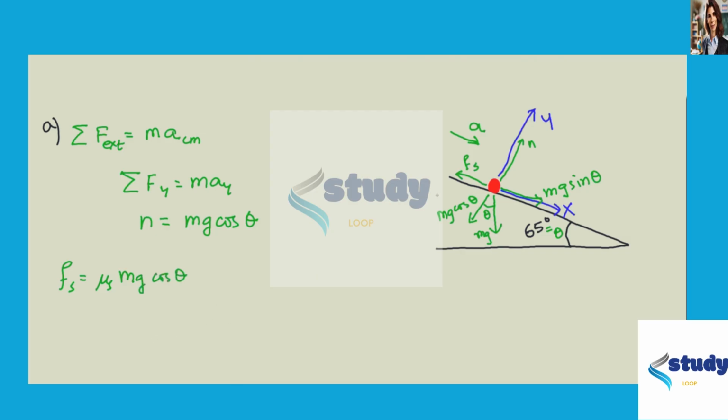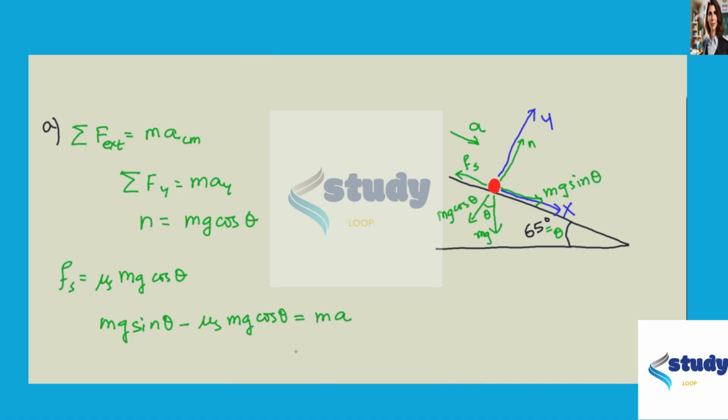Since the ball is rolling down this slope with an acceleration a, mg sine theta minus this force Fs will be equal to m times a. So mg sine theta minus this quantity right here, which is mu s mg cosine theta, should be equal to m times a.